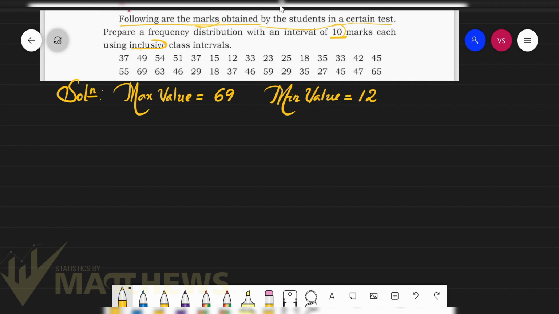The least value itself is 12 here, students. So, if I put a question to you here, the least value is 12, which is the nearest multiple of 5 to this 12? The nearest multiple of 5 to this 12 is 10, students. Is it right? 10. So that means the lower limit of the first class interval is 10, students. Okay. So this is what it is.